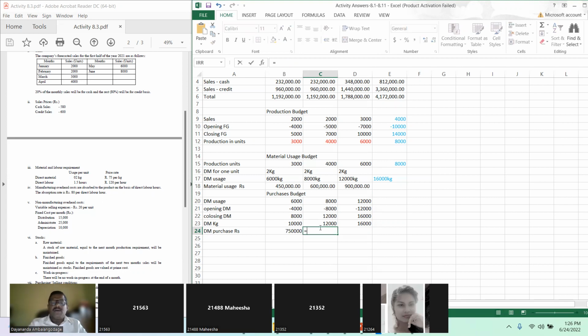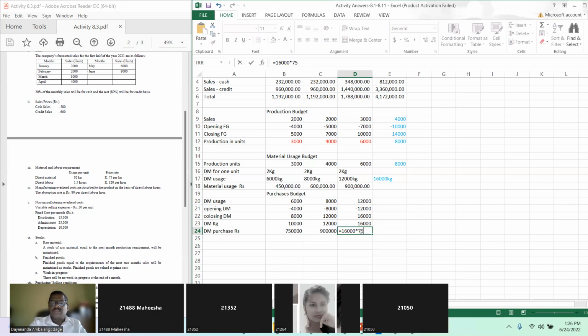Then this 12,000 multiplied by 75. Then this multiplied by 16,000. I can take it directly, but I'm just putting in the figures for you to understand. Okay. So that is about the material purchases or purchase budget, which is in rupees.